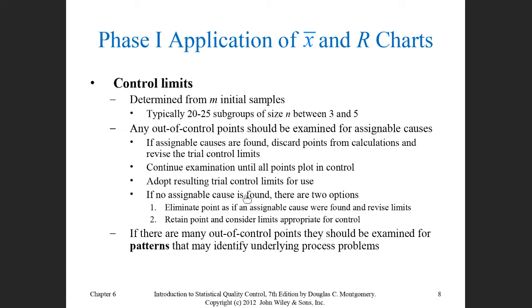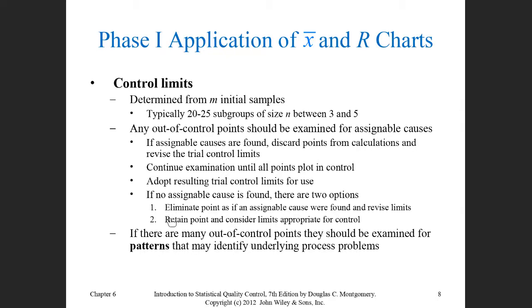If no assignable cause is found, that means the process has become stable with no out of control points, and you have two options. Either leave everything as is, with no changes, or try to eliminate some points that are very close to out of control, treating them like assignable causes, and then revise the limits.